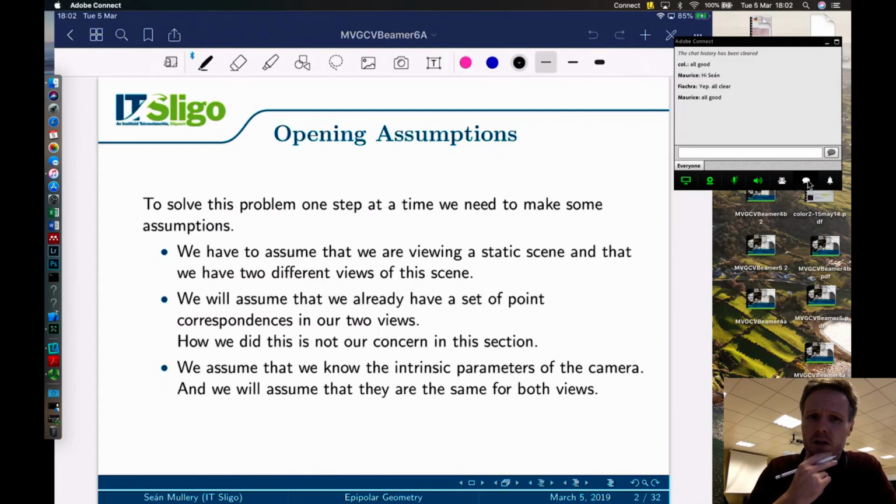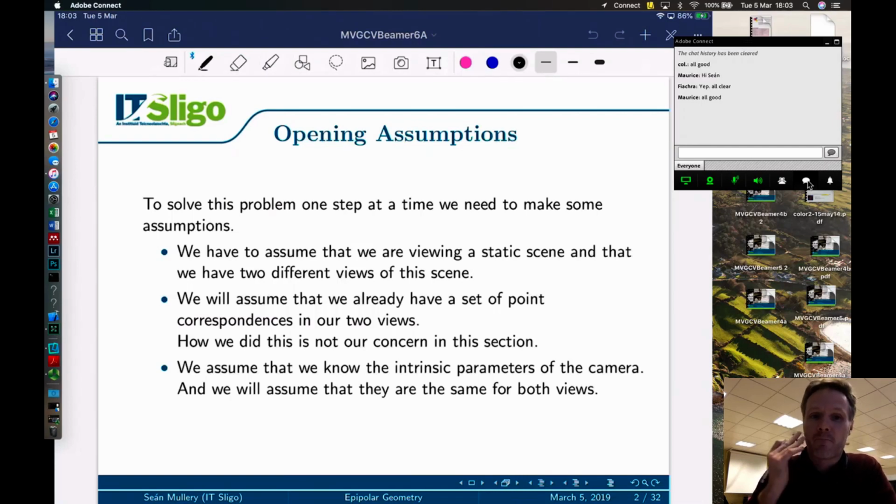So to solve this problem one step at a time, we need to make some assumptions. We have to assume that we are viewing a static scene and that we have 2 different views of this scene. What we mean by a static scene is that nothing in the scene is moving. Now, clearly, if you're in an autonomous vehicle, other things will be moving. And we will normally assume that it's actually the same camera in the 2 views, so there's some time that has passed in between.